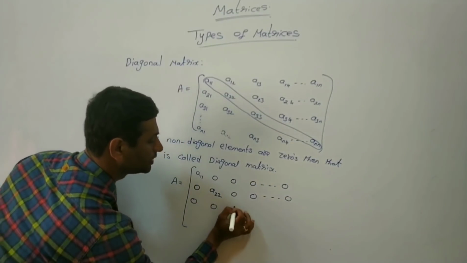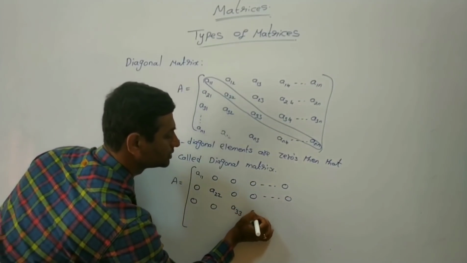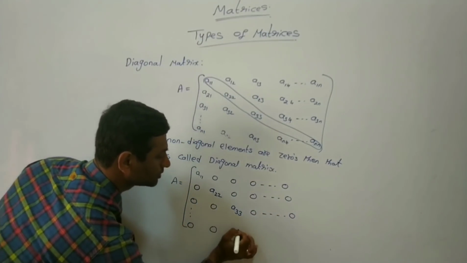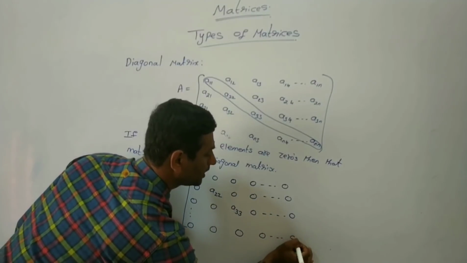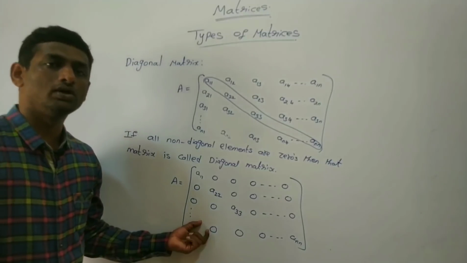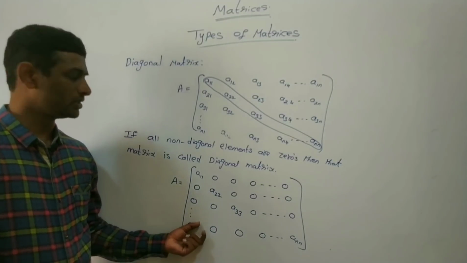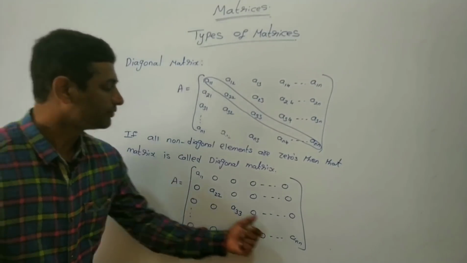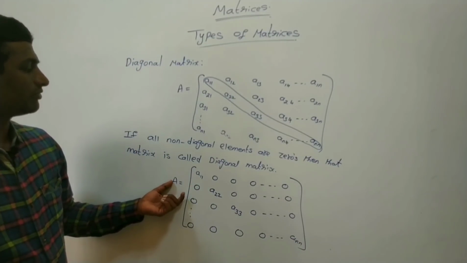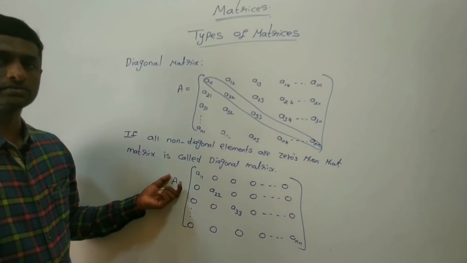Then 0, 0, A33 is a diagonal element, 0, 0. The last row will be 0, 0, 0, 0, so on, Ann. So this type of square matrix is called a diagonal matrix. We are not bothered about the values of the principal diagonal elements.